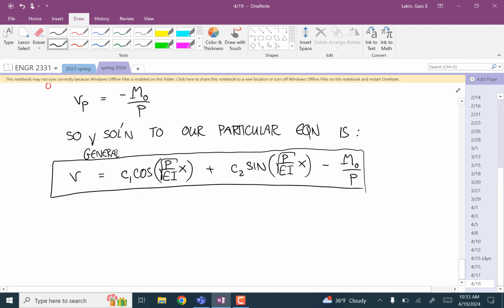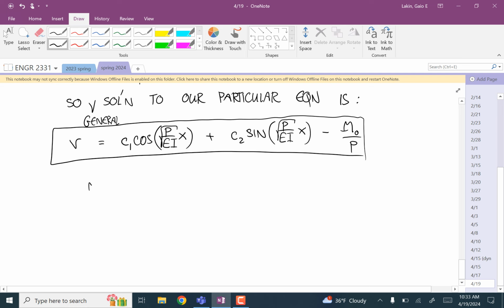And now we're going to go to the boundary conditions. Just like we did with the pinned case, we'll start with the boundary conditions at x equals 0.